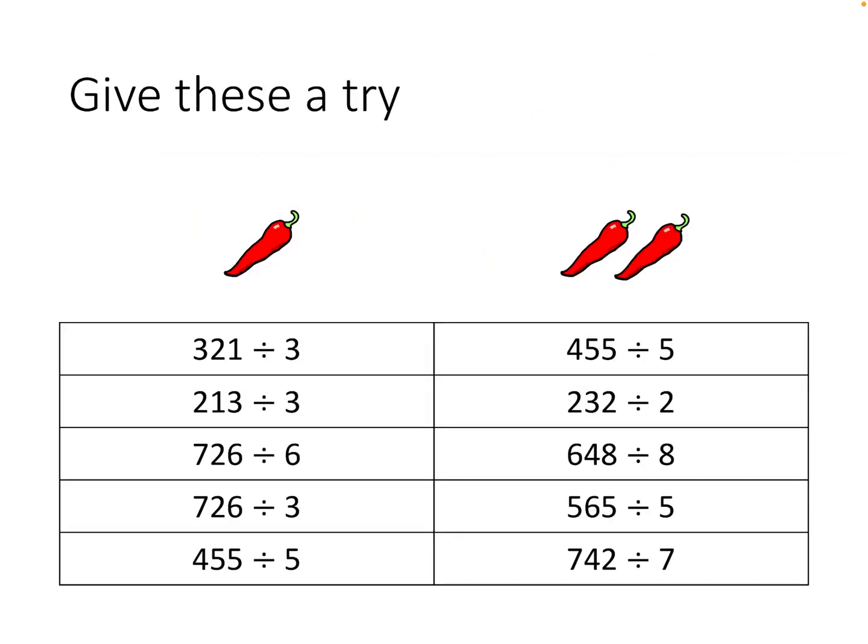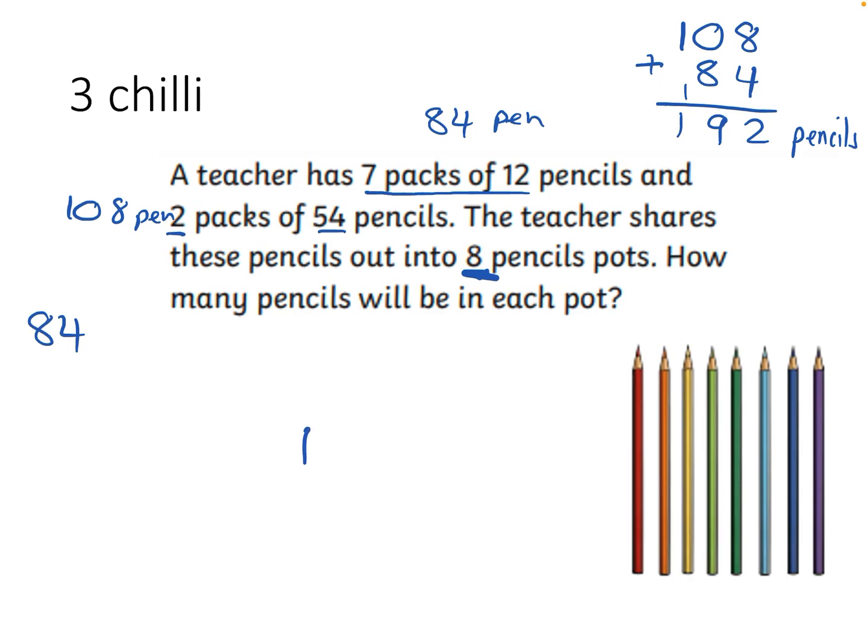So I'm going to be doing 192 divided by 8. How many 8s are within 19? So I go 8, 16. Oh, sorry. Step back. How many 8s are in 1? 0.